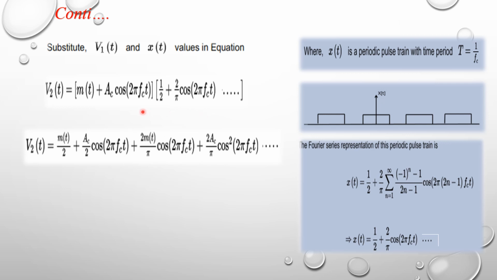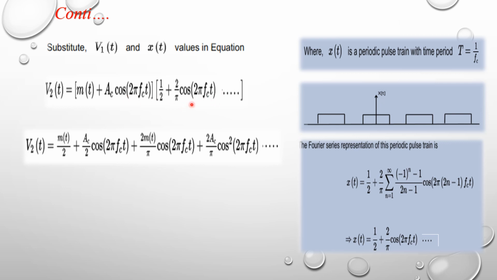Simplify this equation. m of t multiplied by 1 by 2 gives m of t divided by 2, and Ac cos 2 pi fc t multiplied by 1 by 2 gives Ac by 2 cos 2 pi fc t. The second part: m of t multiplied by 2 by pi cos 2 pi fc t gives 2 m of t divided by pi cos 2 pi fc t, plus Ac cos 2 pi fc t multiplied by 2 by pi cos 2 pi fc t.